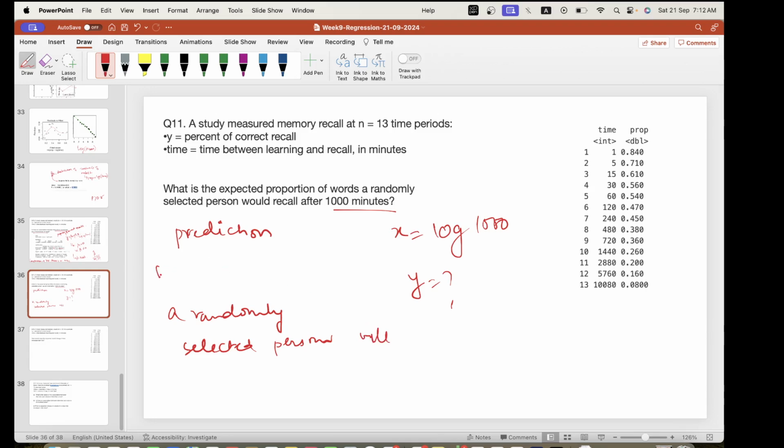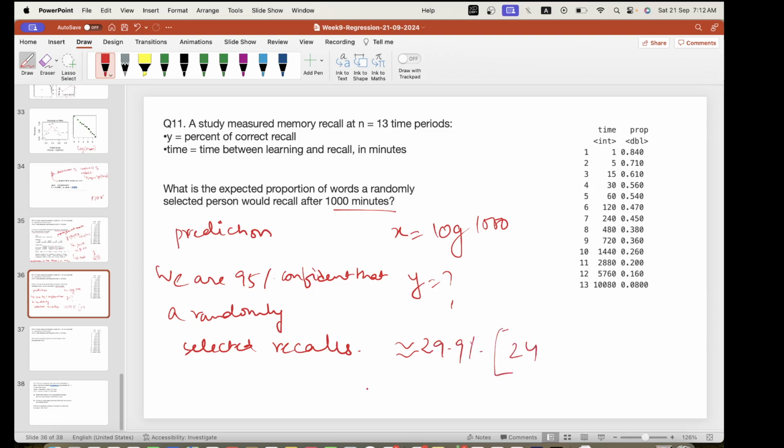So we are 95% confident that a randomly selected person recalls approximately 29.9%, or 24.5 to 35.3%, of the words after 1000 minutes. All right.